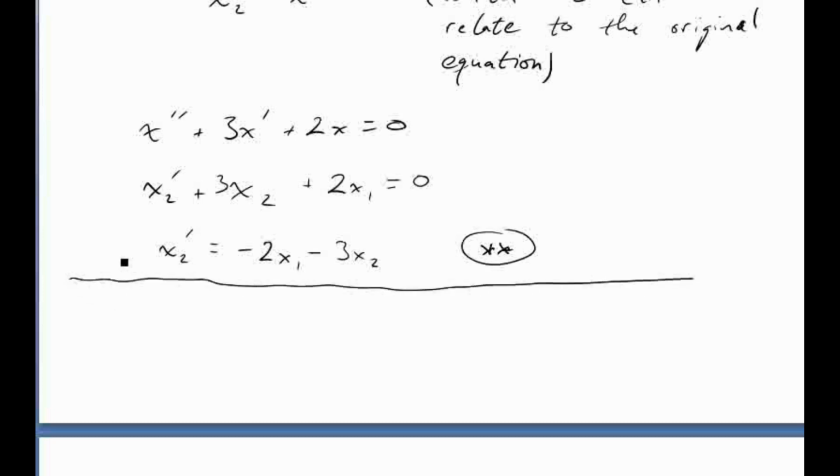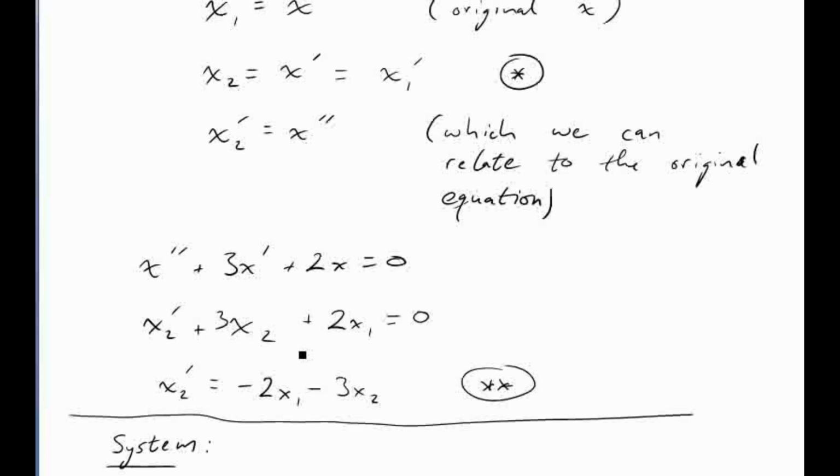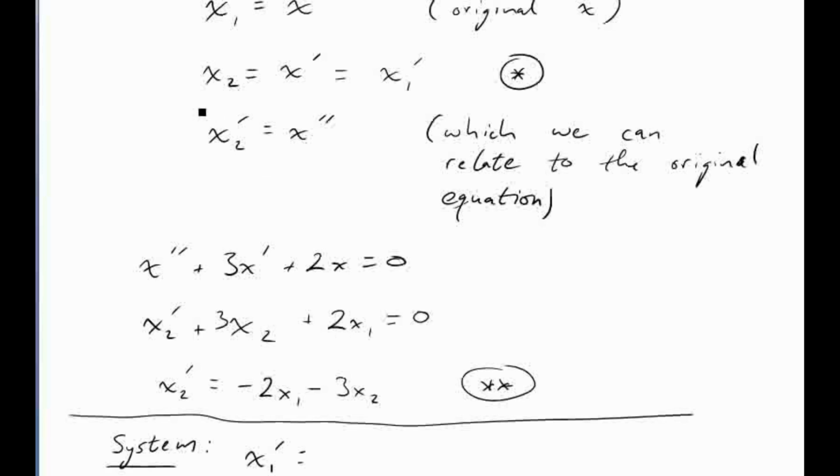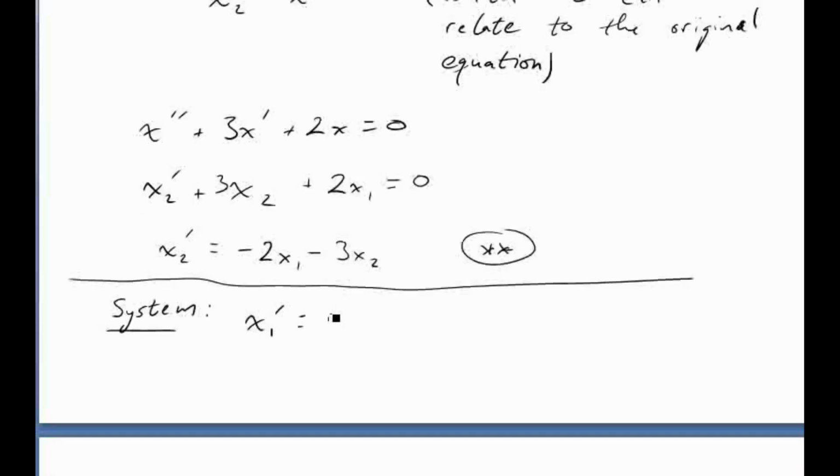Okay, and that would represent the second of our two equations. And so then our system would look like this. We're trying to make a system of differential equations, so those are equations that have the first derivatives of the two variables that we're talking about. So what's x1 prime? Well, as we saw up here, that's equal to x2.